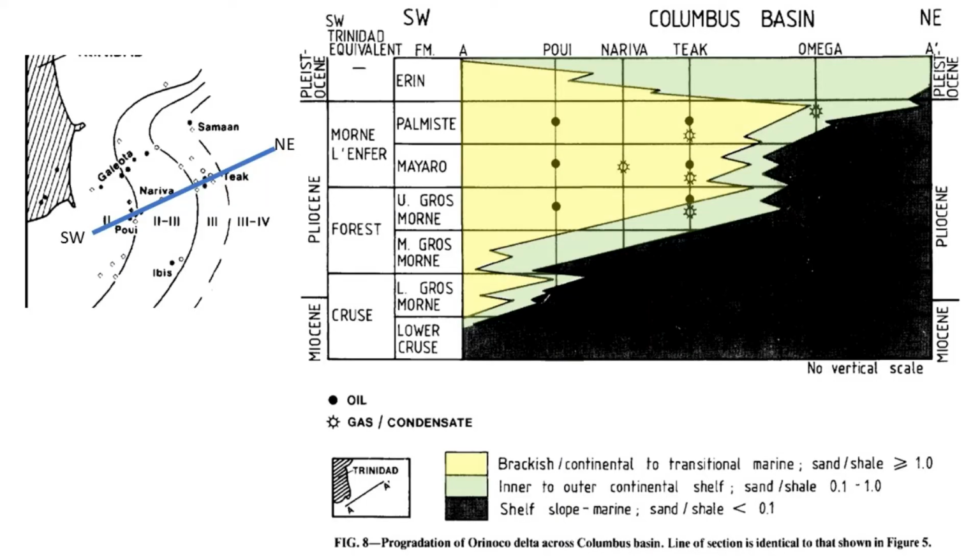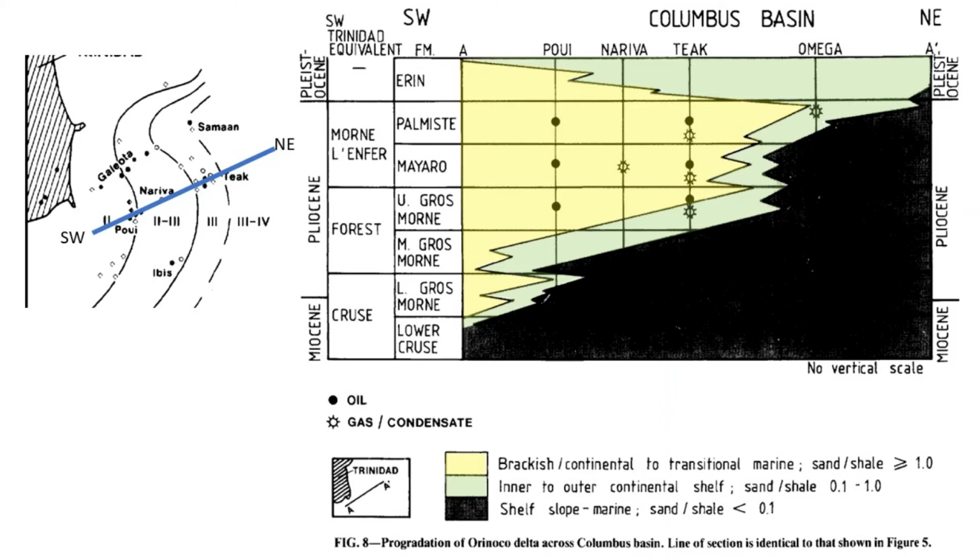This paleogeographic reconstruction of the progression of the Orinoco Delta in a southwest and northeast direction across the Columbus Basin shows that the Gros Morne Delta prograded over slope deposits of the Lower Gros Morne Formation and progressively got shallower over time, so that by the Upper Gros Morne it was brackish to transitional marine.